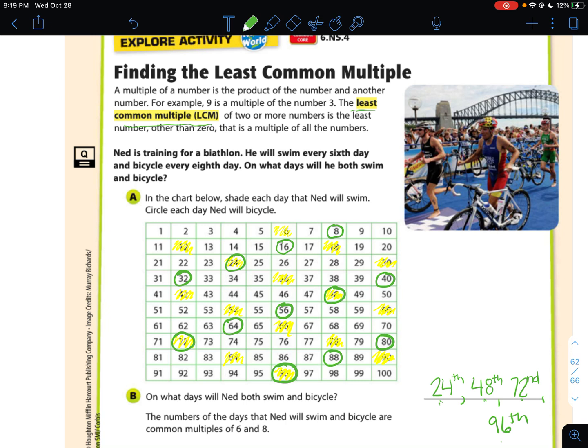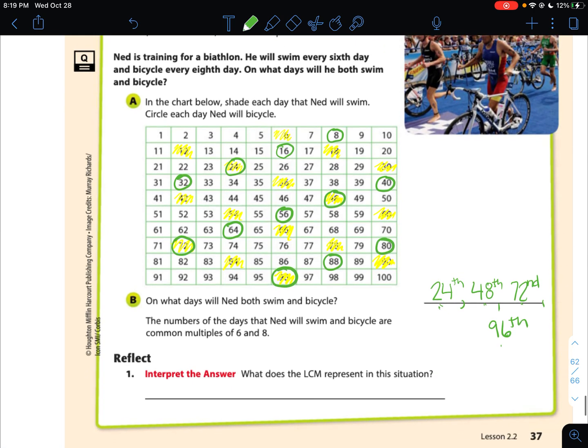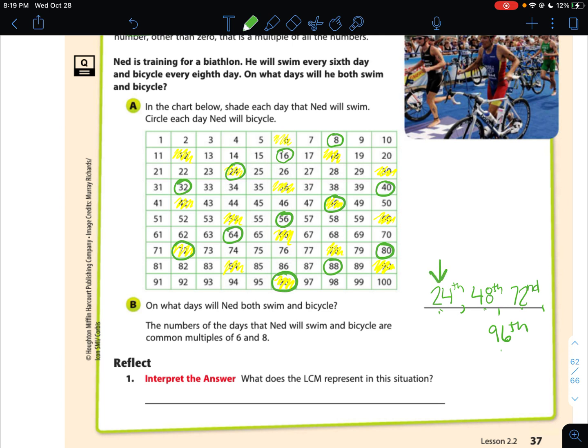The days that Ned will swim and bicycle are actually the common multiples of 6 and 8. Those are all of the common multiples that 6 and 8 have in common. For the reflect, what does the least common multiple represent in this situation? The smallest multiple they had in common was the 24th.